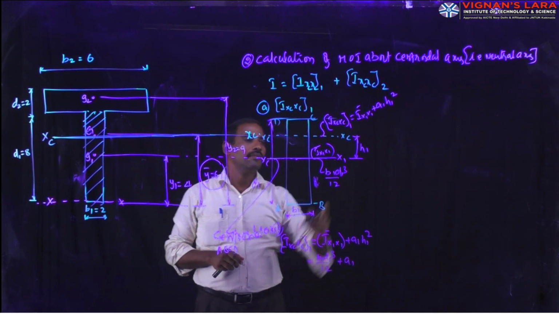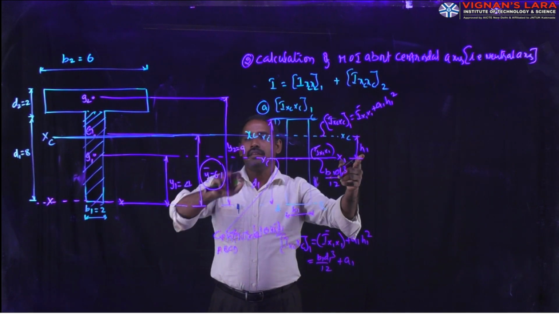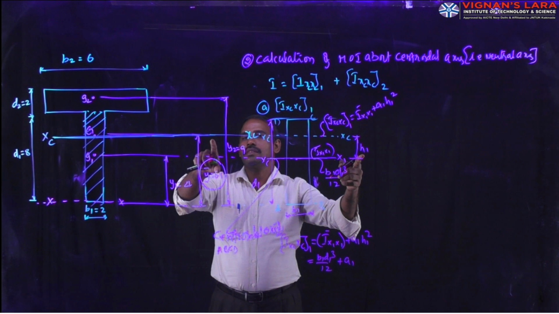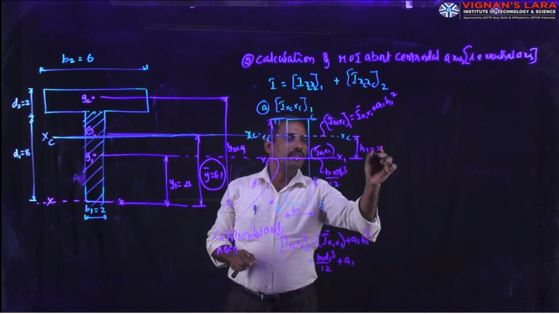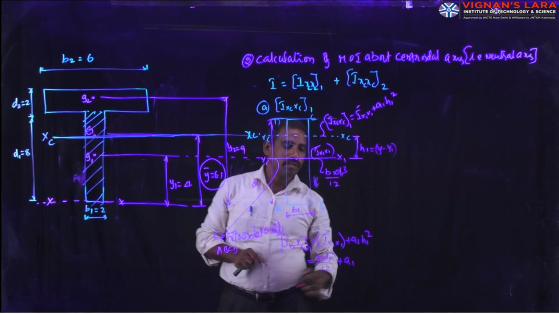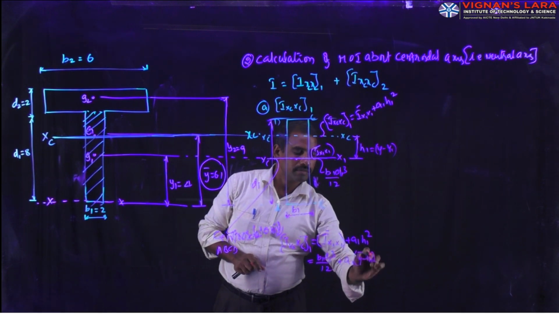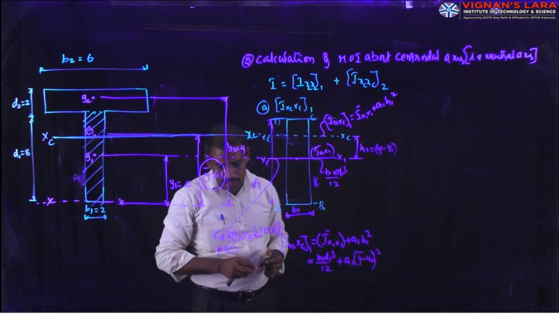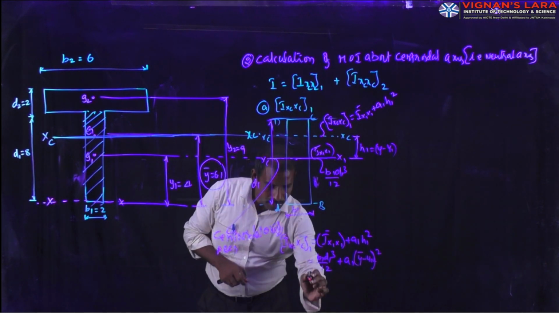What about the h1? We know the y bar, that is 6.1. So h1 is equal to y bar minus y1, whole square. Simply substitute all these values in this equation. Very simple.